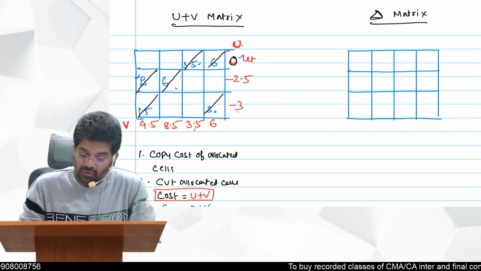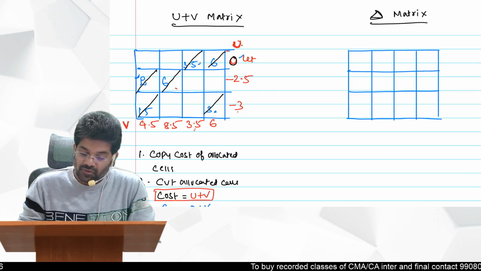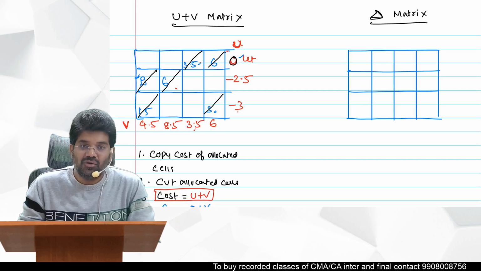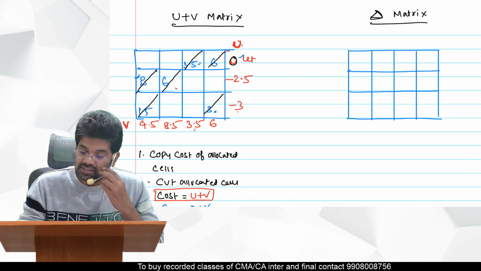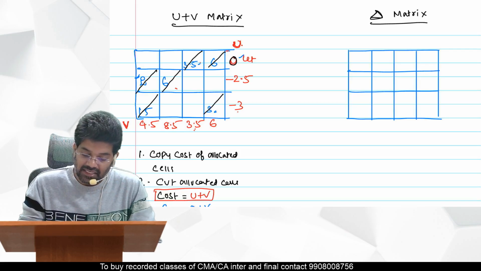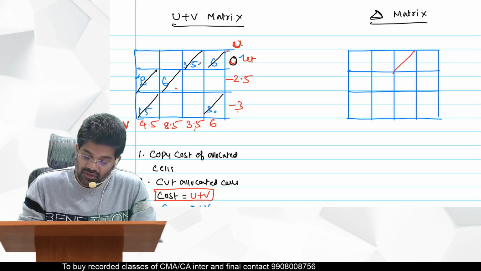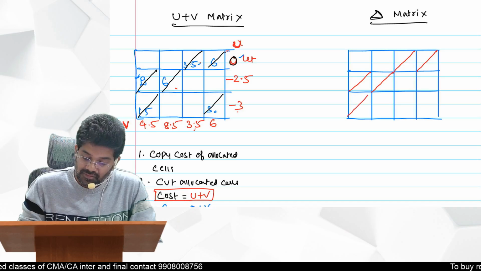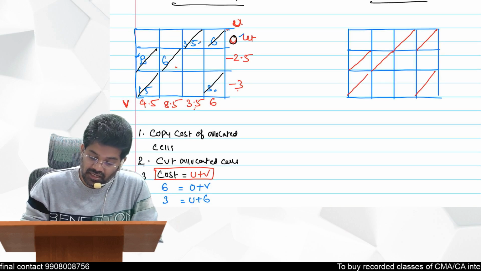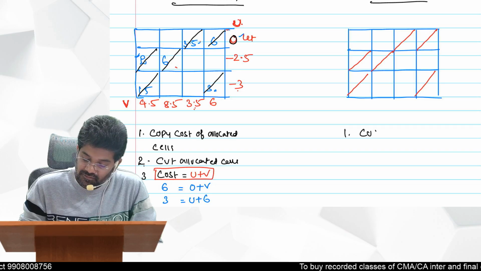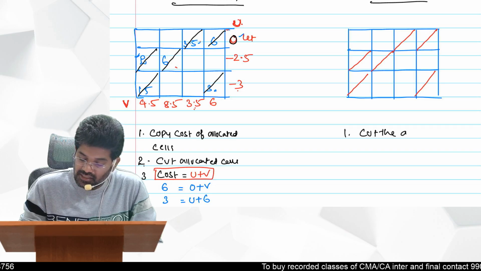Now what you do is, whichever cells got allocation, you cut them. The third one got allocation, the fourth cell also got allocation, and in the second row this one also got allocation, this one also, this one also, right? So the first step is to cut the allocated cells.